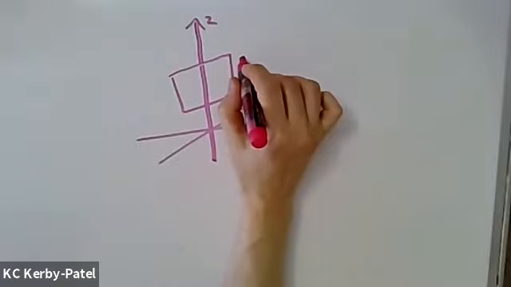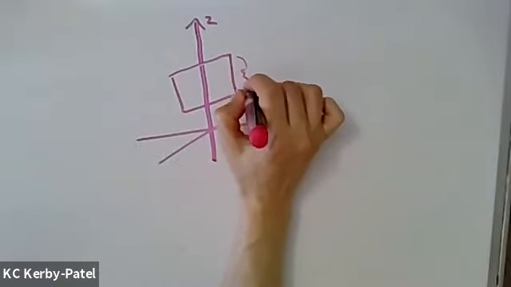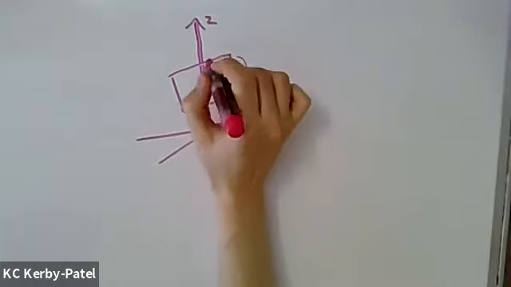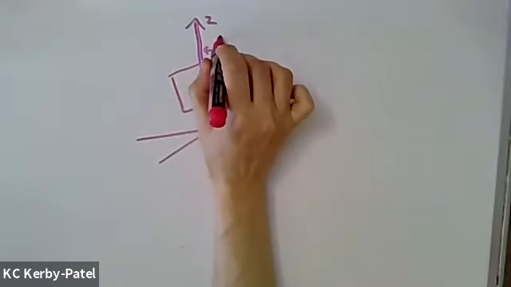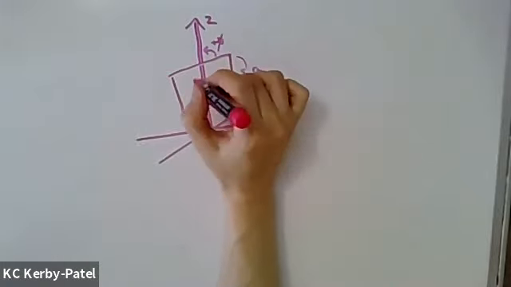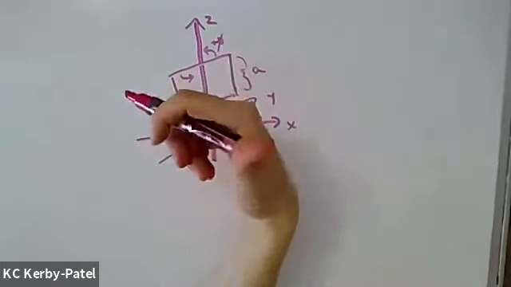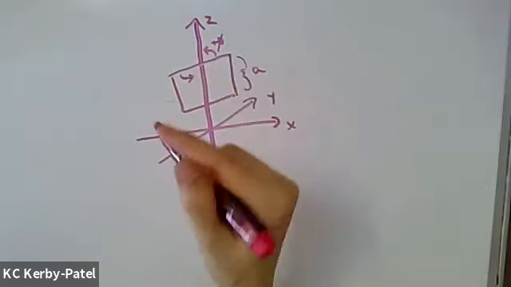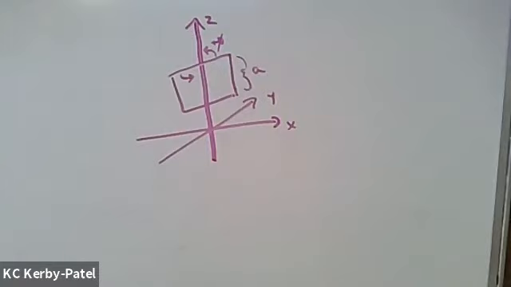It is square and it has side A, and it's rotating in the plus phi direction, right-handedly around the z-axis. That would be counterclockwise if you're looking down at it.